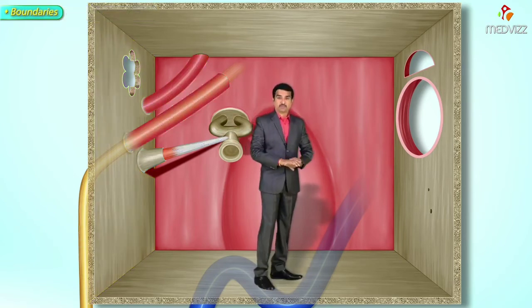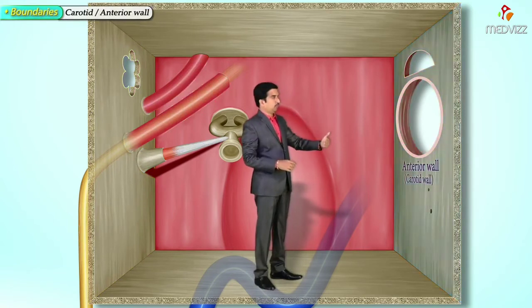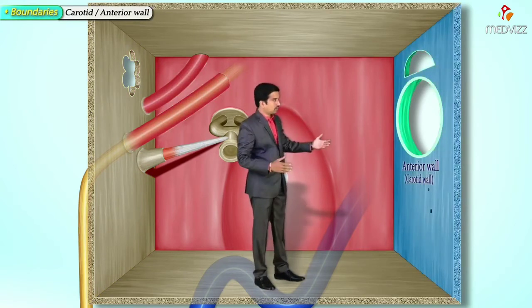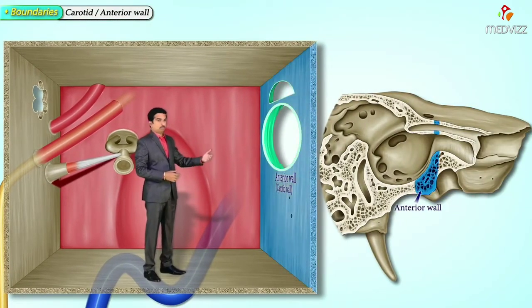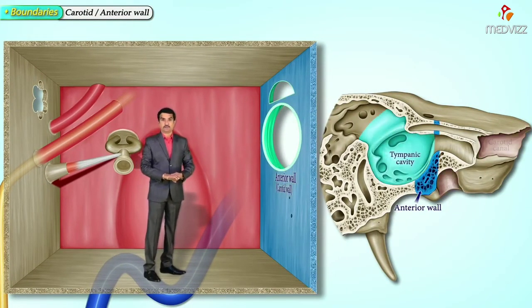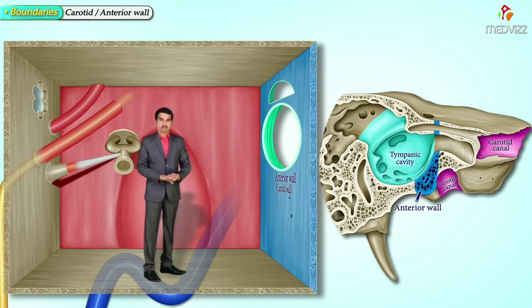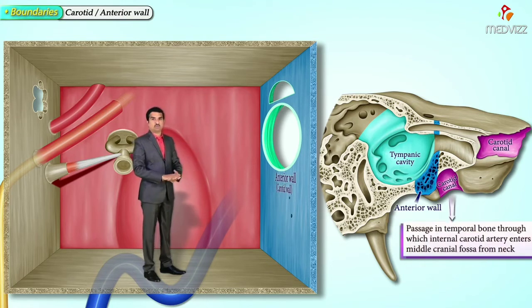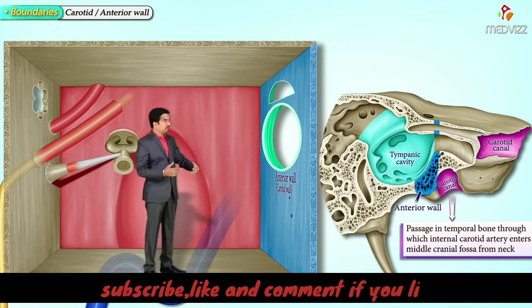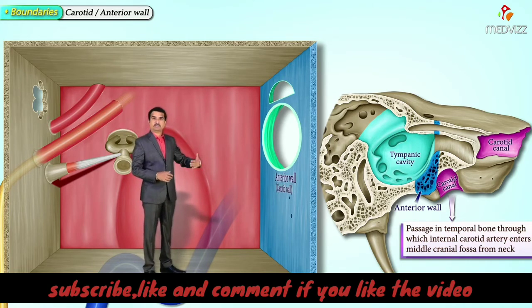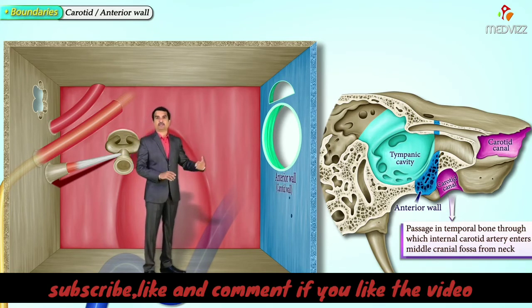At last we have to discuss the anterior wall of the middle ear cavity, which is also called the carotid wall. This wall separates the tympanic cavity from the carotid canal. So what is the carotid canal? The carotid canal is a passageway in the temporal bone through which the internal carotid artery enters the middle cranial fossa from the neck.